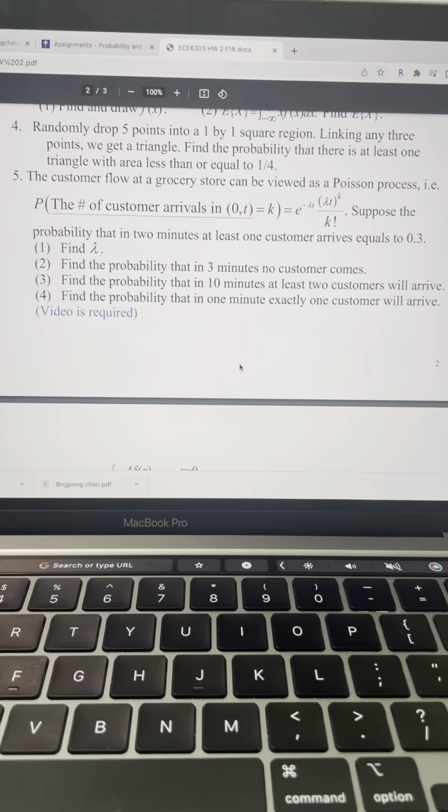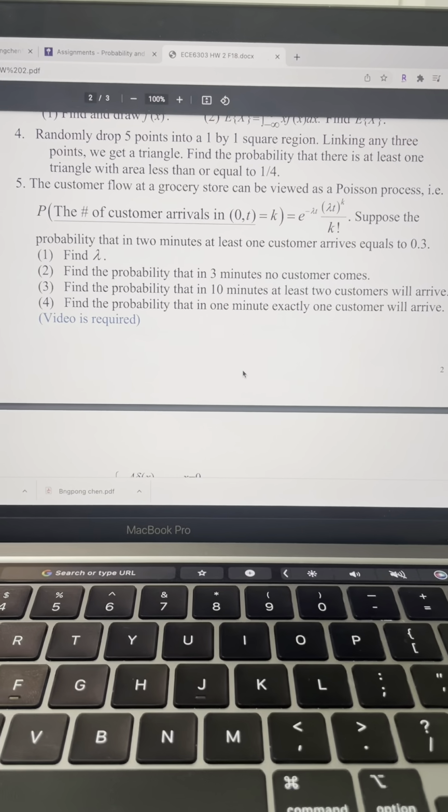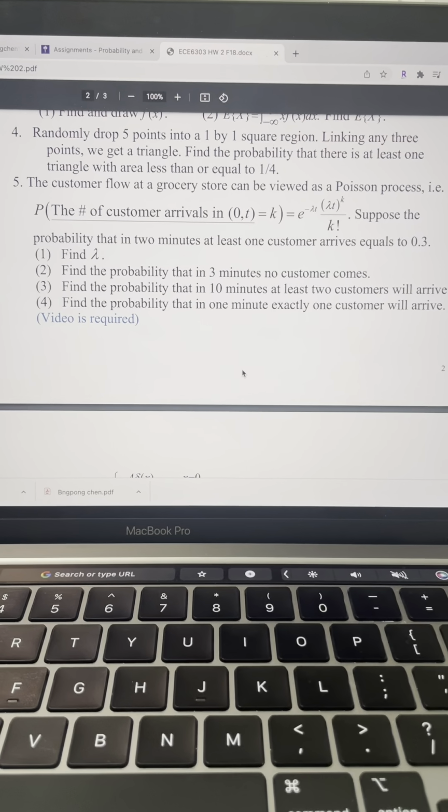So now I'm going to show you how we solve question number 5, homework 2.